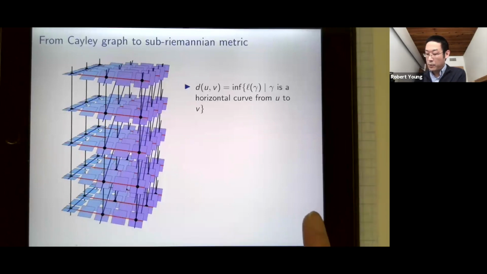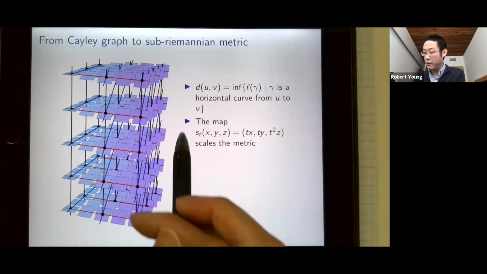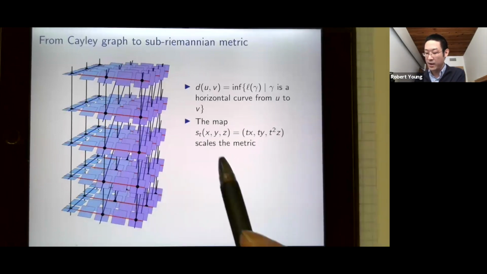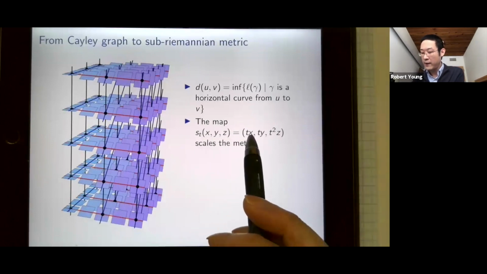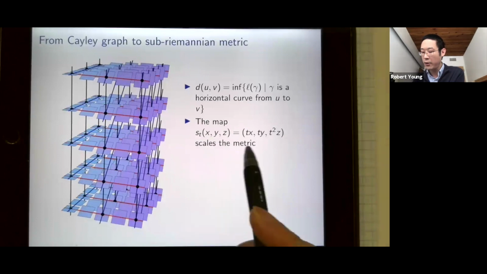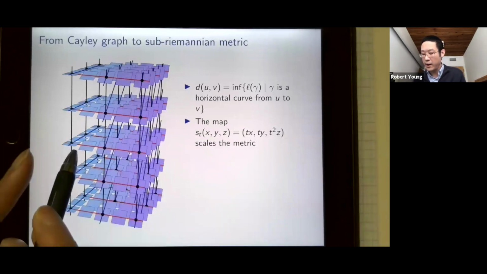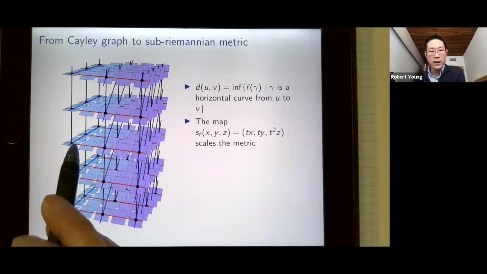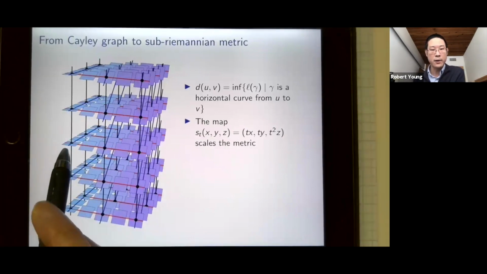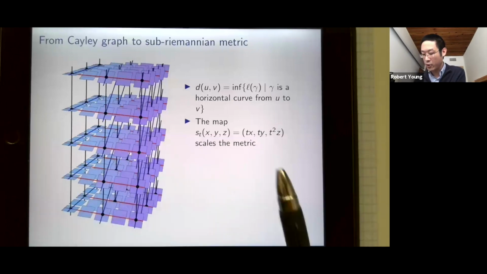This has a bunch of nice properties. On one hand, the n by n by n squared scaling that we saw in the lattice carries over to this sub-Riemannian metric: multiplying the x coordinate by t, the y coordinate by t, the z coordinate by t squared scales the metric by a factor of t. You can check that if you take this picture and you scale by t by t by t squared, then it takes this horizontal distribution into itself. And so it takes horizontal curves to horizontal curves.